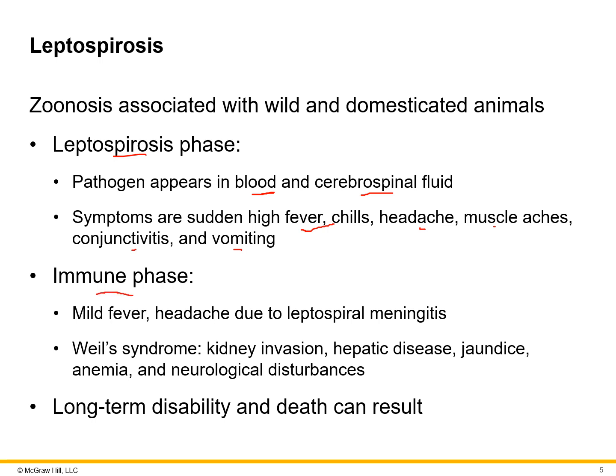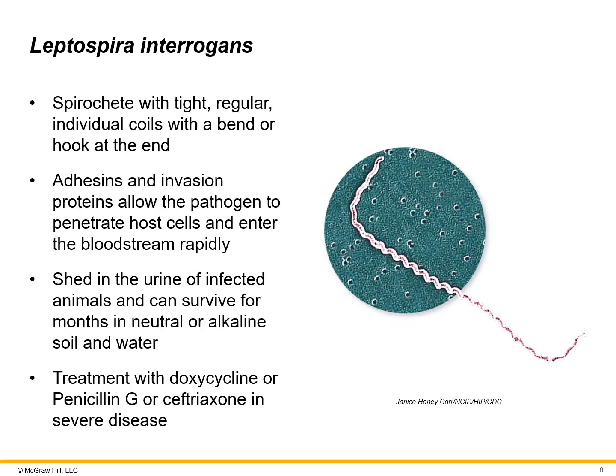Then we move into the immune phase, which has a more mild fever compared to the leptospirosis phase, and also a headache that can be due to meningitis. We can also see Weil's syndrome, where it invades the kidney. It can cause hepatic or liver disease that leads to jaundice, a decrease in iron that leads to anemia, and other neurological issues. So long-term disability or even death can result from this.